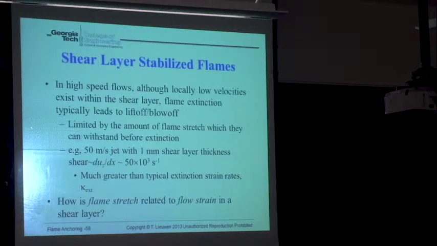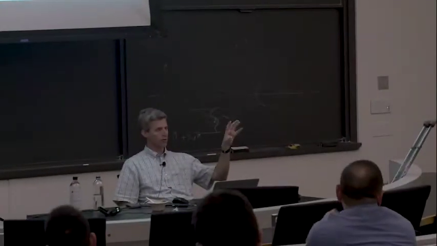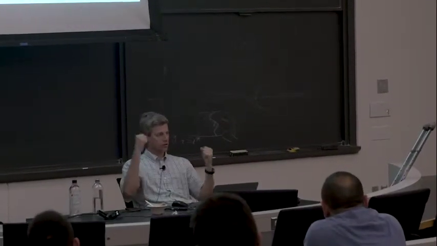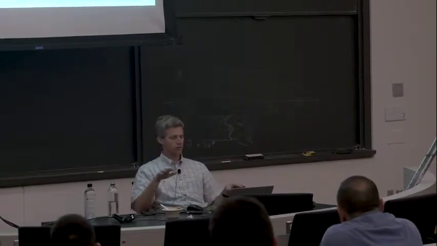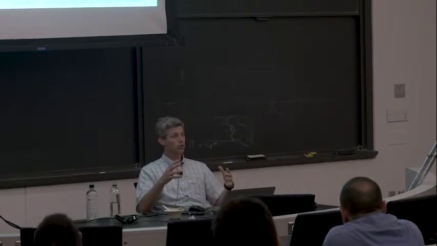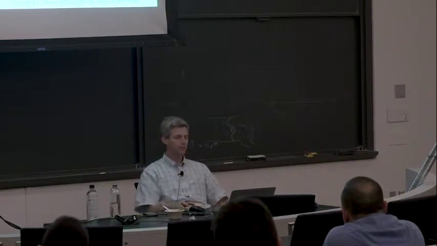This goes back to the expression I showed you for stretch rate. That one expression explicitly shows the relationship between flame stretch, which is a surface-defined quantity, the stretch rate of a surface, and flow strain, which is a volumetric deformation of fluid type phenomenon.